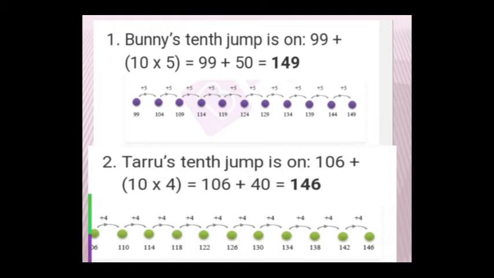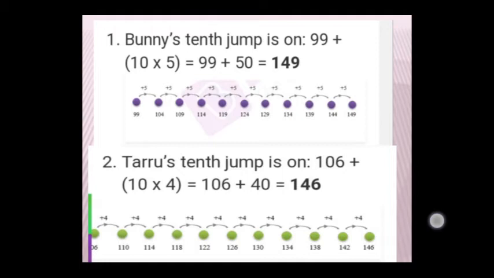And next, Taru's 10th jump. See, Taru is first standing on the number 106. After that, you have to find Taru's 10th jump. So 10 is common here, and multiply with 4. Why 4? Because Taru is jumping every 4 boxes.